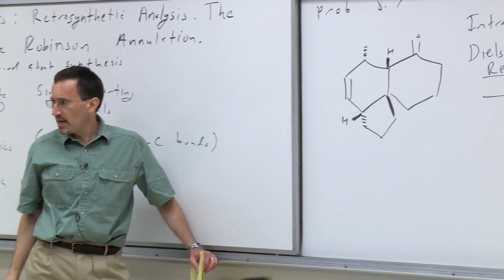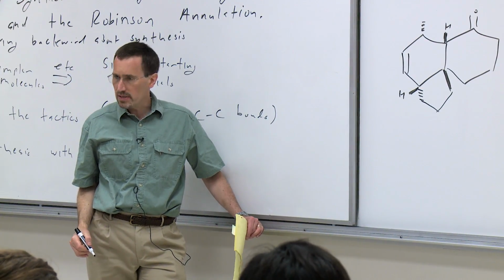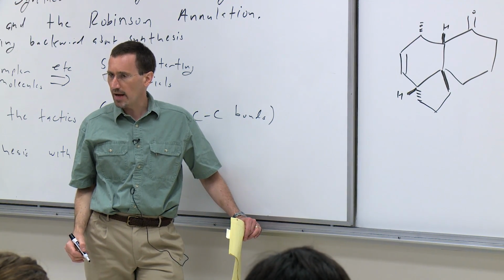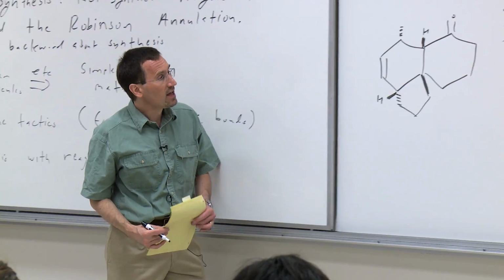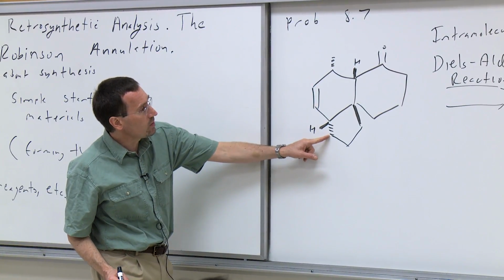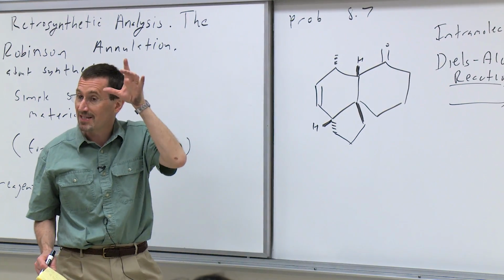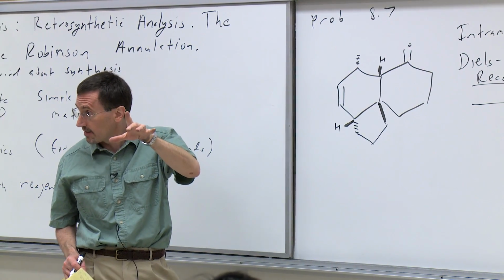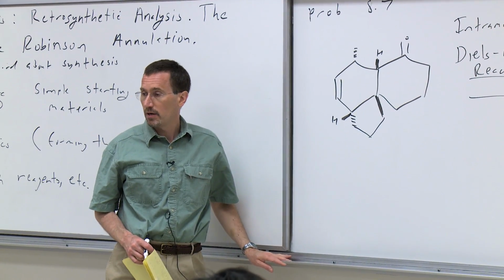And that looks eminently reasonable. We'll talk more about the stereochemistry. Diels-Alder reactions prefer endo. They're endo stereoselective. And the relationship between this stereochemistry and this stereochemistry comes from the stereospecificity of the Diels-Alder reaction.